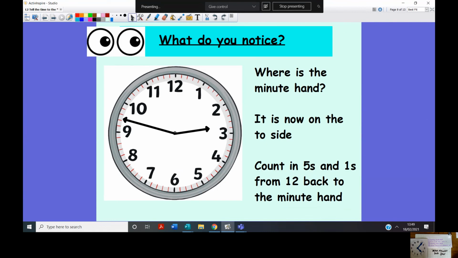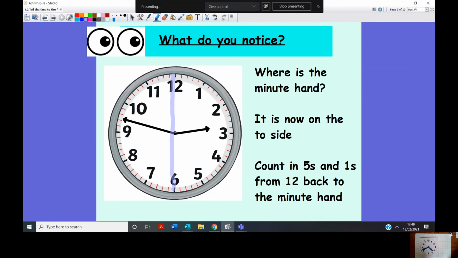So we've looked at past the hour. We're now looking at something slightly different. And now, if you can see here, the minute hand is now on the to side.